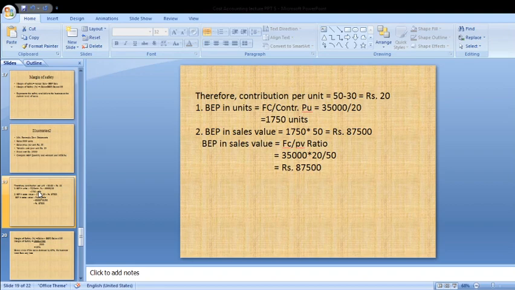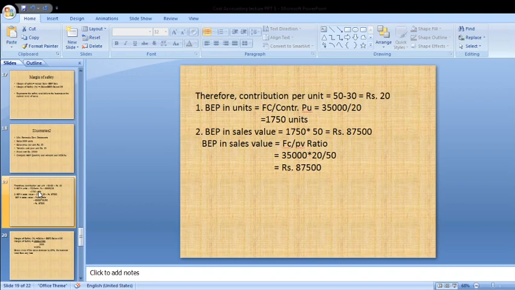Now, having calculated quantity and amount, go for calculation of margin of safety. I will show you the calculations. I hope it is clear to you. 35,000 divided by 20 means 1,750 units is the break-even point. You need to sell 1,750 units to recover 35,000.